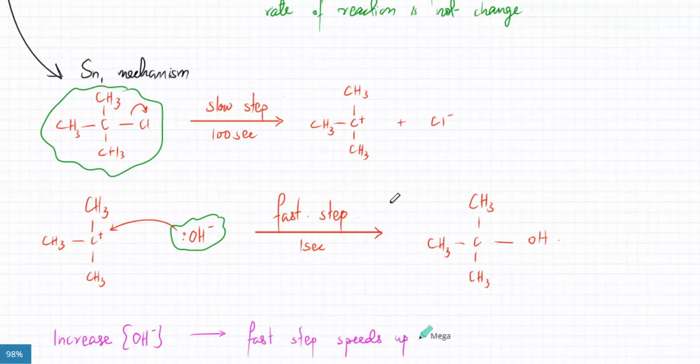Let's assume that I increase the concentration of OH ions by 1,000,000 times. I add a lot of OH ions, right? So obviously the reaction is going to become really quick, right? So it speeds up.